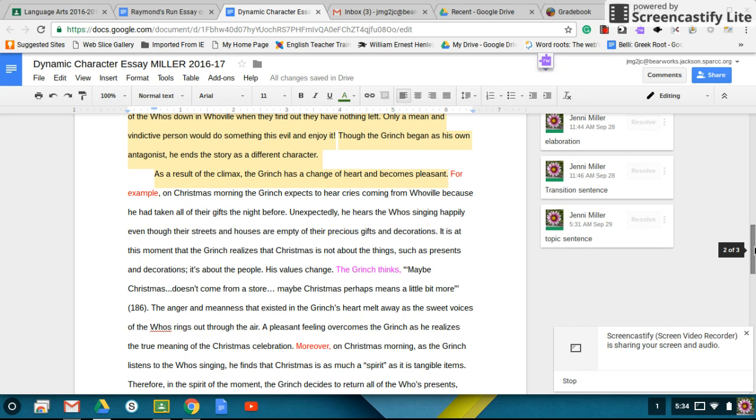Or even, again, the word dynamic in the topic sentence would be nice. So we start right away with transition. For example, on Christmas morning, the Grinch expects to hear cries coming from Whoville because he had taken all of their gifts the night before. And I want to change this to present tense. No, you know what? We'll leave it past tense. He had taken all of their gifts the night before.